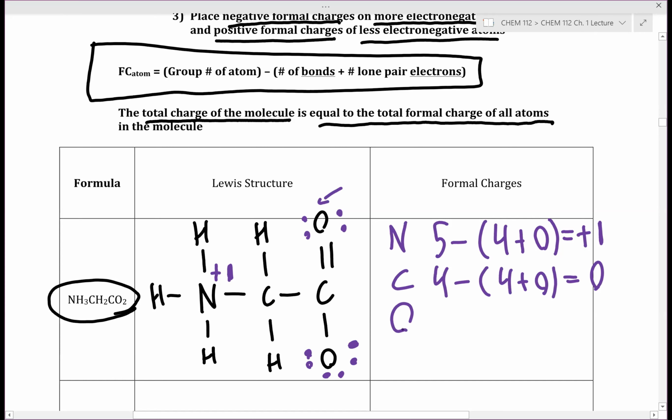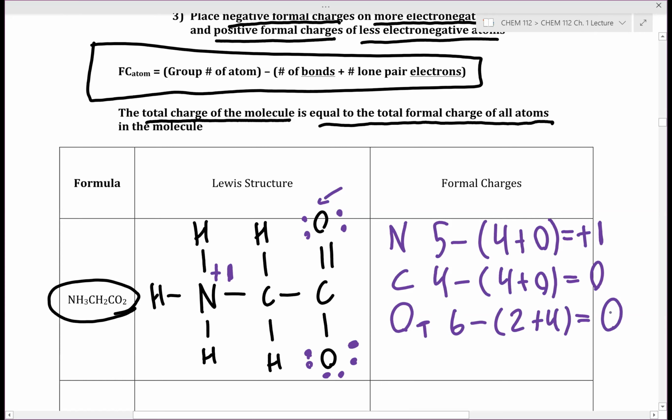I'm going to abbreviate this as OT, T for top. What is oxygen's group number? 6. How many bonds are attached to this oxygen? 2. And how many lone pair electrons does it have? 4. Yep. So we have a formal charge of 0.